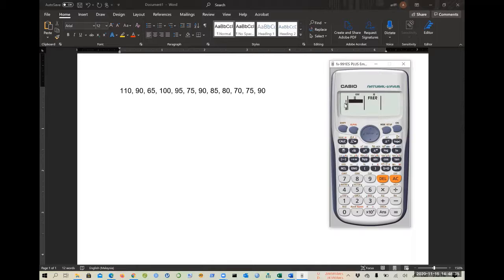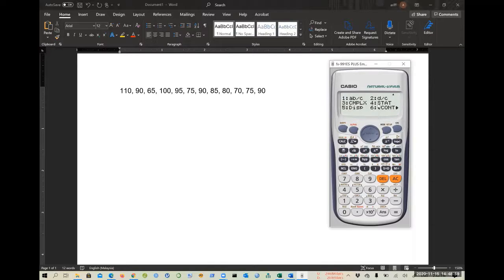Okay, now you have the frequency. This is the frequency mode that has been activated. Because this is ungrouped data, you don't want the frequency, right? So just clear this first. Shift mode to open a new window over here, and then you scroll down and see number 4.